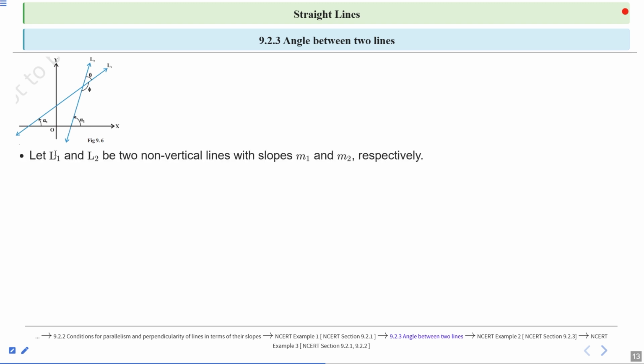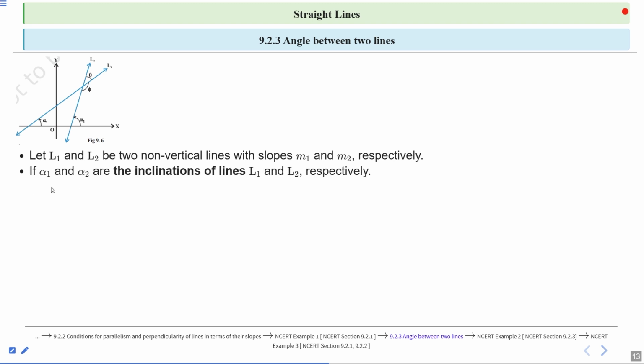So first of all, let L1 and L2 be two non-vertical lines. Note this point: we are taking two non-vertical lines. Why are we taking this? Because the slope of a vertical line is not defined. So first we take two non-vertical lines L1 and L2 with slopes M1 and M2.